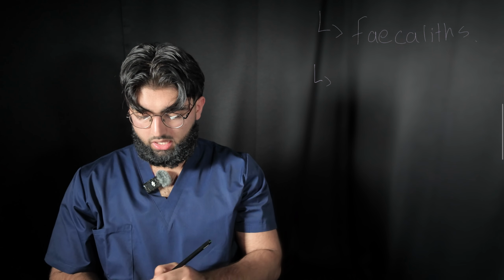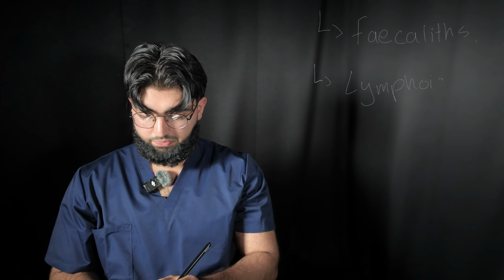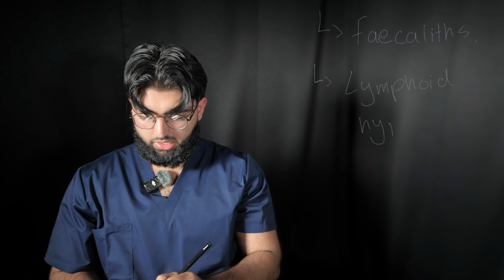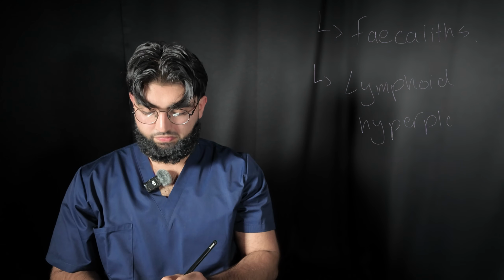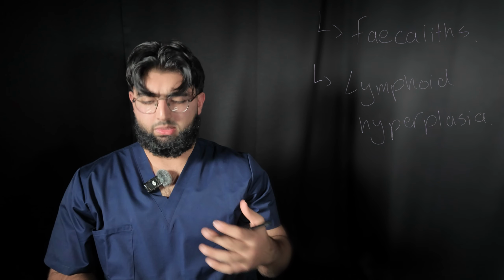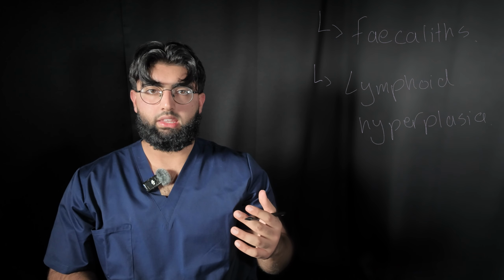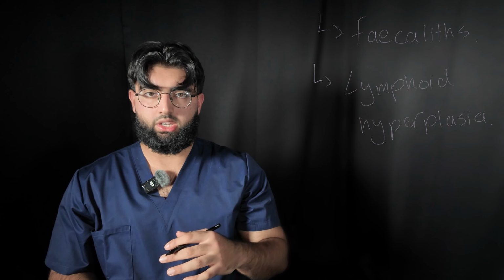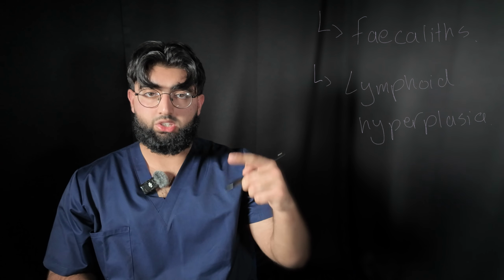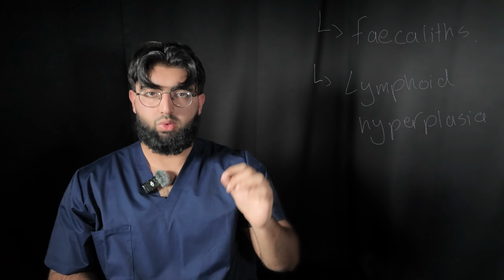So hardened feces. The second part is lymphoid hyperplasia. Now, what is lymphoid hyperplasia? Like we mentioned before, as part of the normal function of the appendix itself, there is lymphoid tissue. Within the submucosa of the appendix, there are lymphoid follicles.